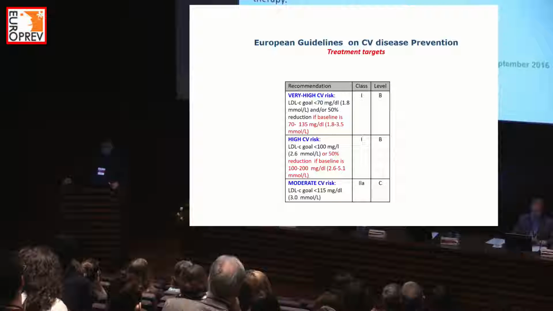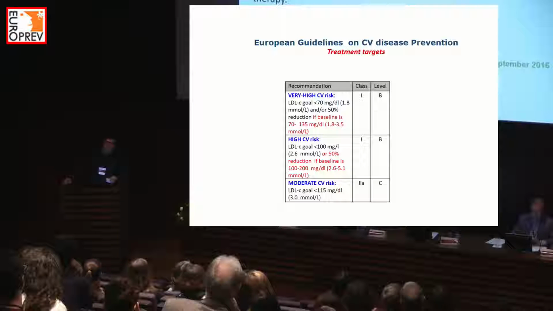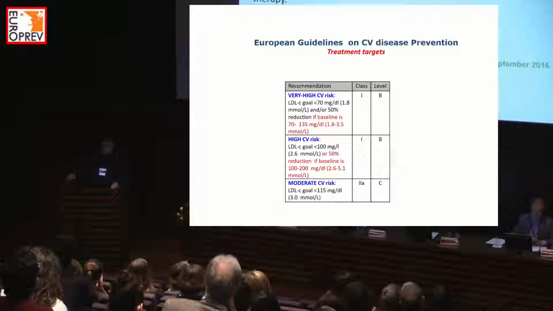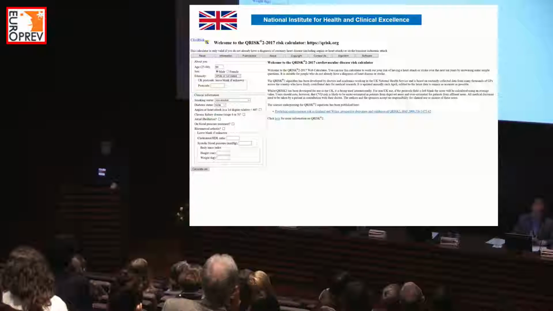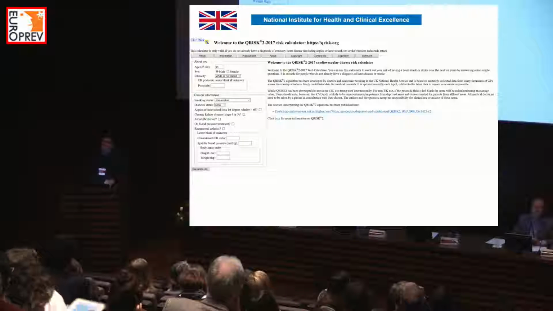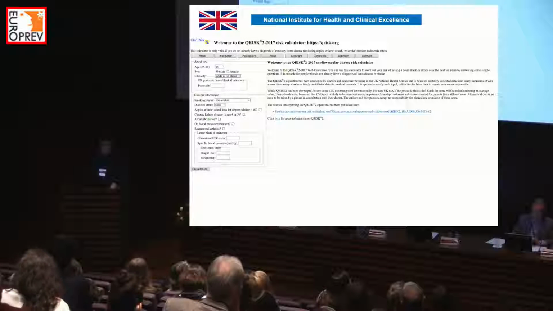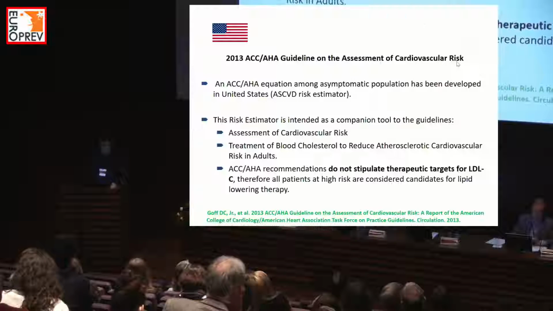So all patients at high risk are considered candidates for lipid-lowering drugs, and specifically they recommend this drug. And this is the website of the QRisk2, but as I said, they have already published the QRisk3.